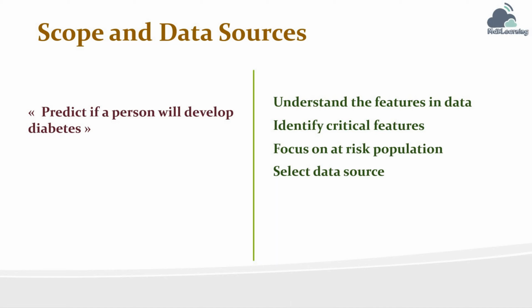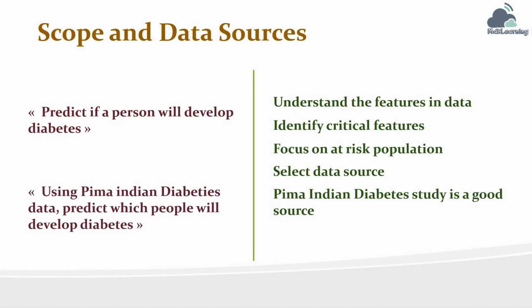That is the Pima Indian Diabetes Study, available at the UCI Machine Learning Repository. This is a study of diabetes in women in the Pima Indian population located in the Phoenix, Arizona area. The study was conducted in the 90s and is a classic data set. When we incorporate the use of the Pima Indian data set, the statement changes to, using Pima Indian diabetes data, predict which people will develop diabetes.